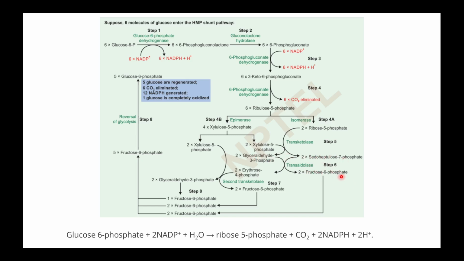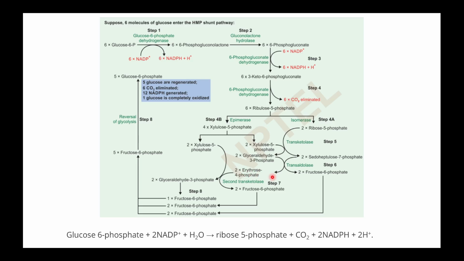Now we are getting one 6 carbon molecule and one 4 carbon molecule. So from 10 again we have 10 carbons total. So the number of carbon remains the same, only the type of sugar is changing. From a 7 carbon sugar, now we have a 6 carbon sugar and a 4 carbon sugar. Okay, so we have erythrose 4-phosphate and fructose 6-phosphate.